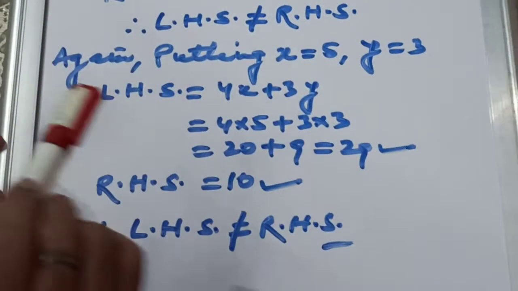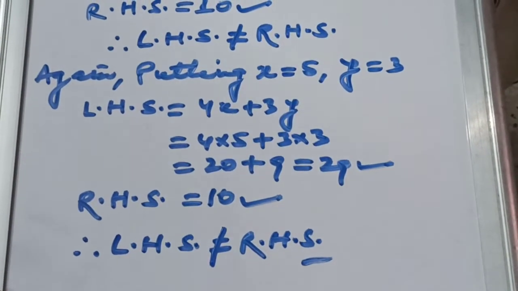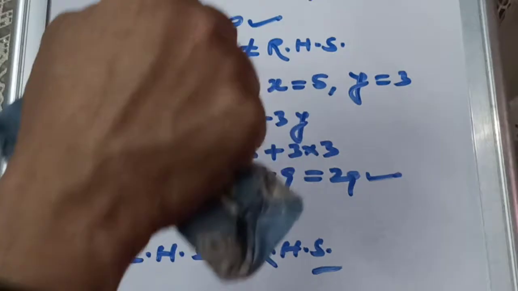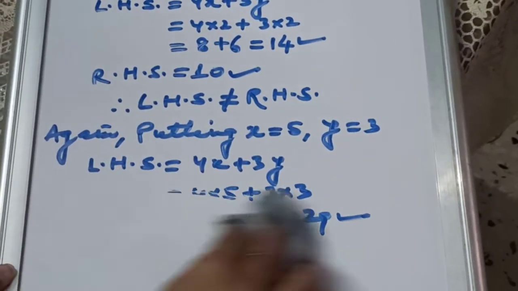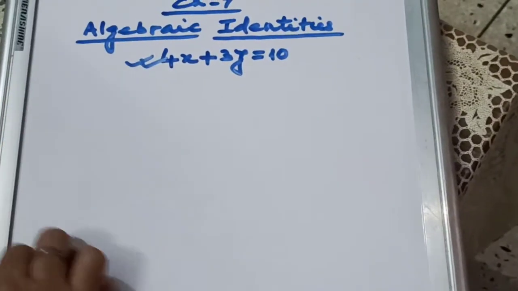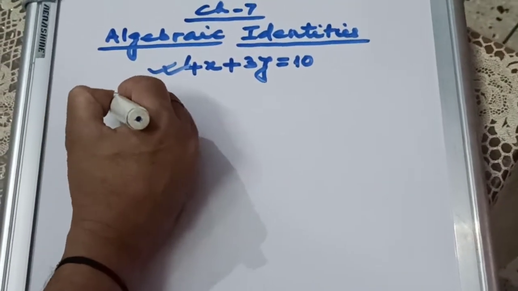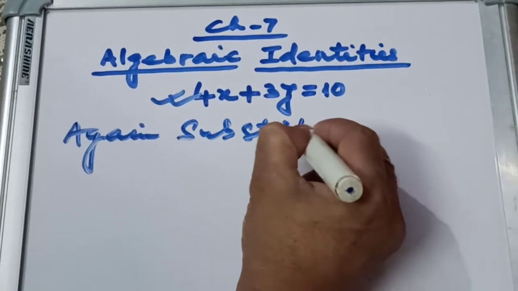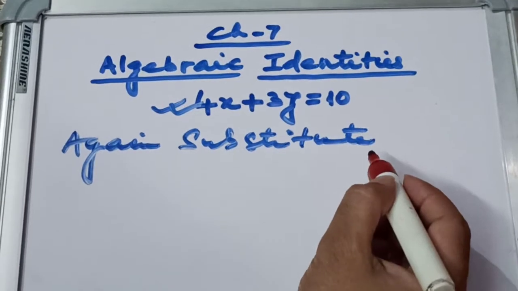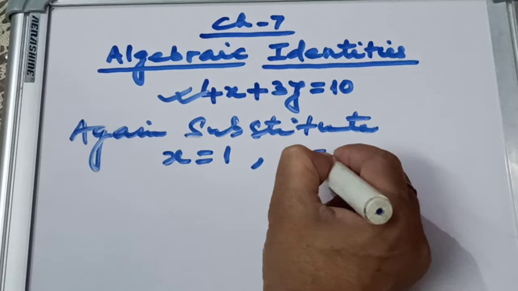In both parts I have taken two different values for this equation. Again we will take another value. Again substitute x is equal to 1, y is equal to 2.